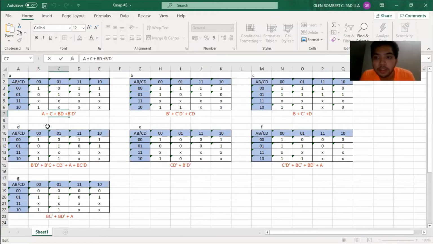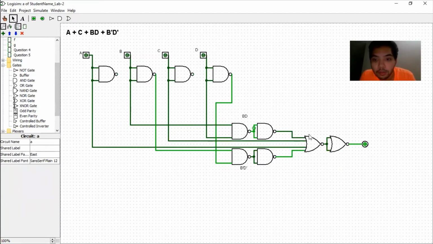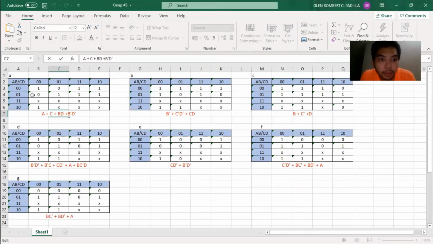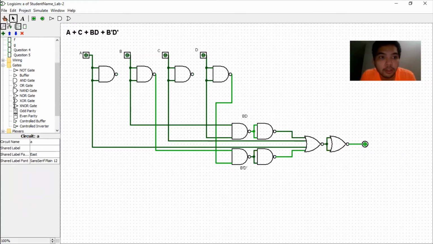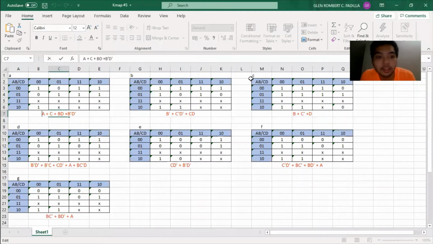Following this, we can check it. If our input is 0, 0, 0, 0, our output must be 1. When our input is 0, 0, 0, 1, our output must be 0.